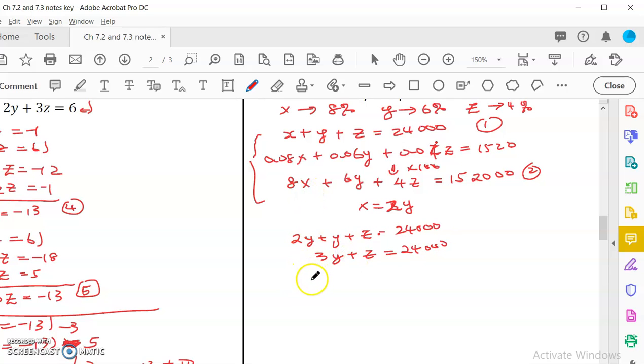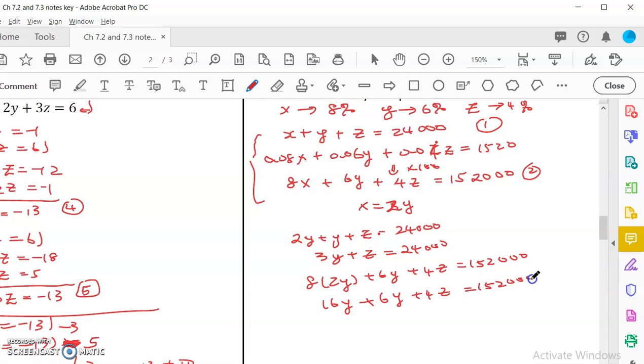In this case, we have 8 times 2y plus 6y plus 4z equal to 152,000. So that means 16y plus 6y plus 4z equal to 152,000. 22y plus 4z equal to 152,000.